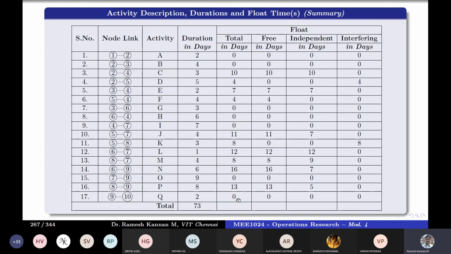But total float has significant meaning, because 0 of that corresponds to the critical activity. Sometimes your interfering float can be negative, right? But buffer time cannot be negative. So in that case, you have to make it 0 rather than the negative value. You understand?